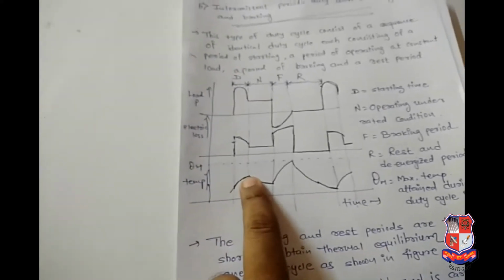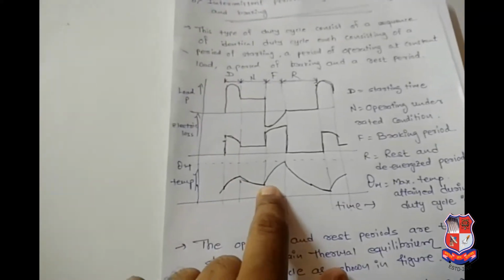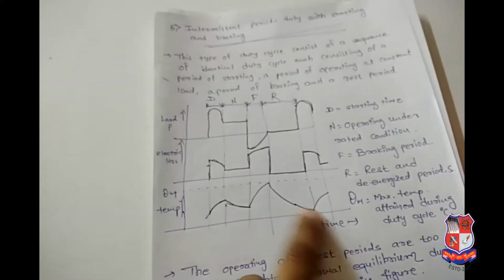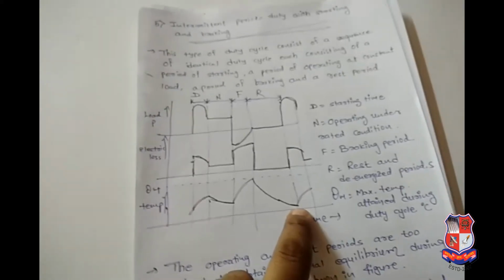If we look at this graph of time versus temperature, it shows that at the starting period the temperature gets high, and at the running or constant load period the temperature somehow reduces to this point. Again, if we apply the brake to the motor, the temperature again gets high due to the losses, and then at the rest period it falls to the ambient temperature.